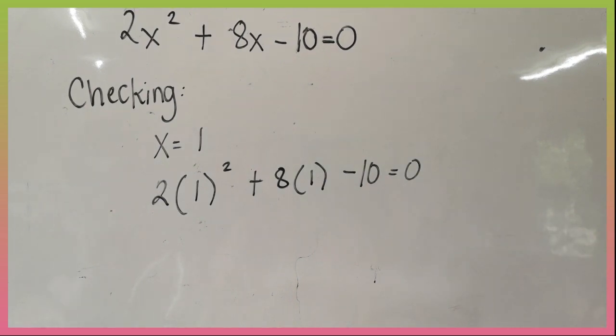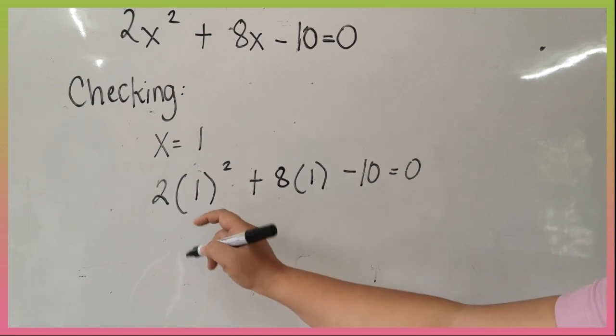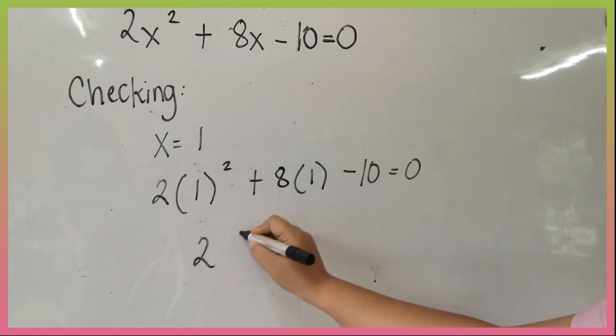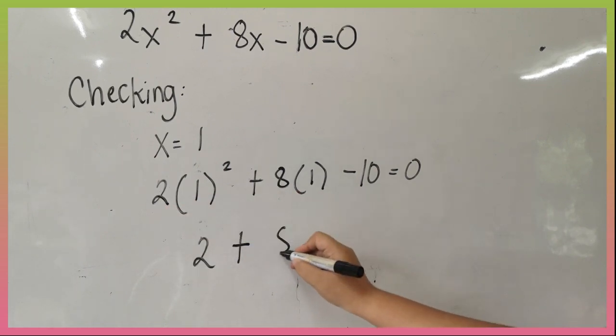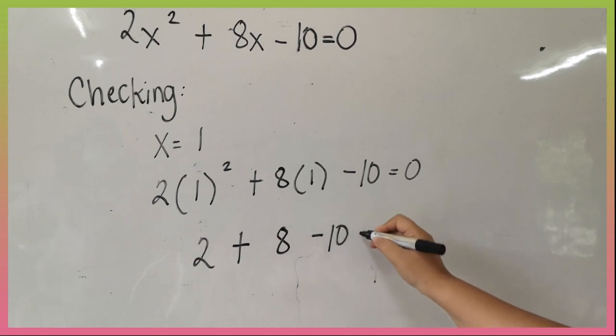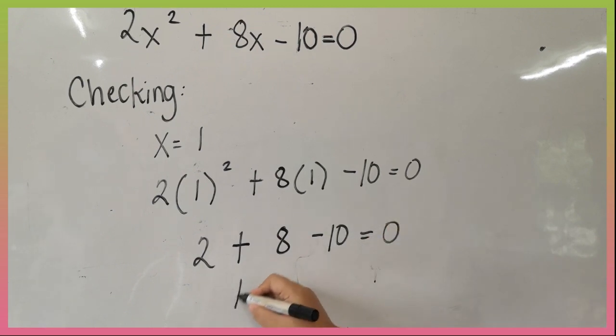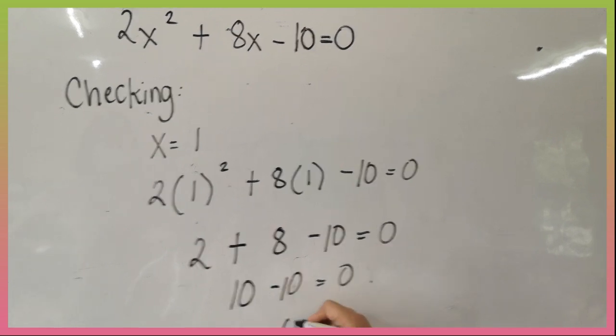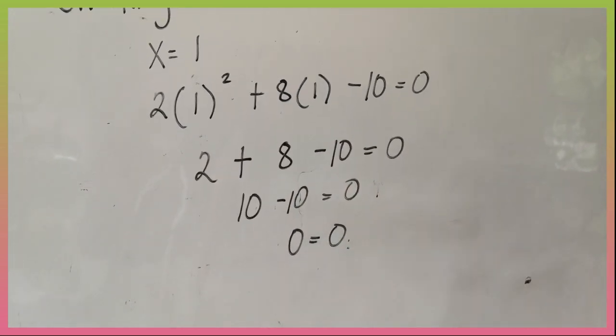In order for you to know your answer is correct, two sides must be equal to 0. So you have 1 squared is still 1. So 1 times 2 is 2. Plus 8 times 1 is 8. Minus 10 is equal to 0. 8 plus 2 is 10. Minus 10 is equal to 0. So 0 is equal to 0.